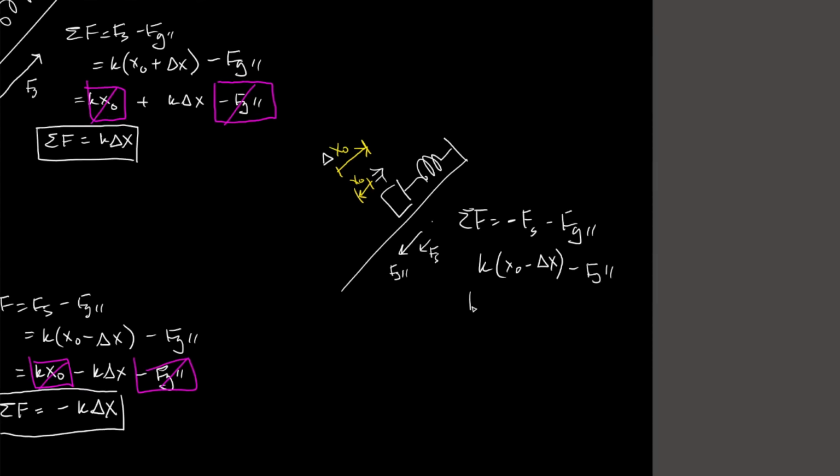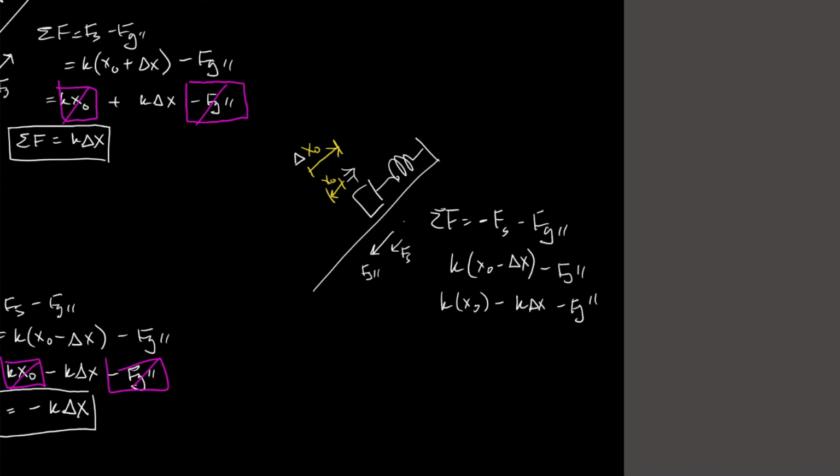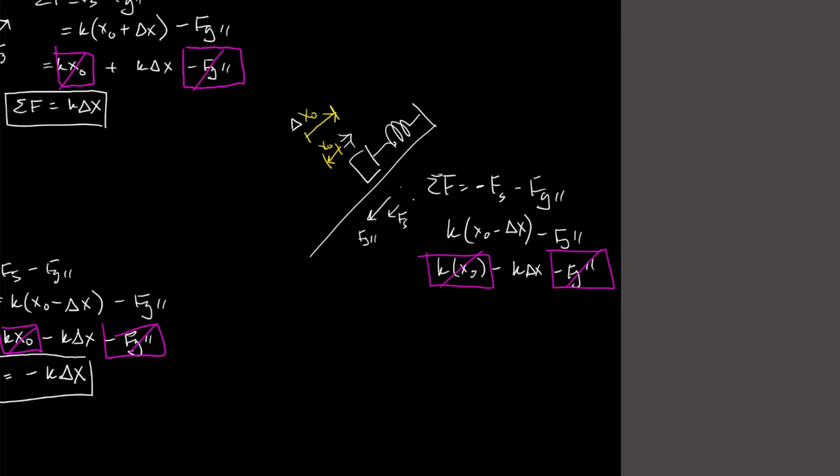So we got k x naught minus k delta x minus Fg parallel, which still leaves us with these two terms, which cancel out, and our net force equal to negative k delta x.